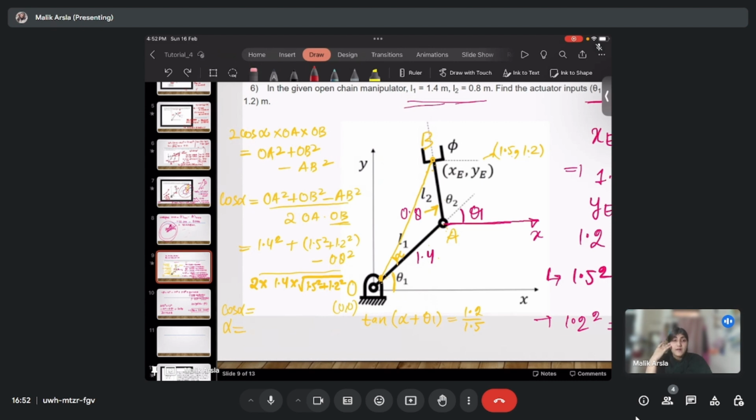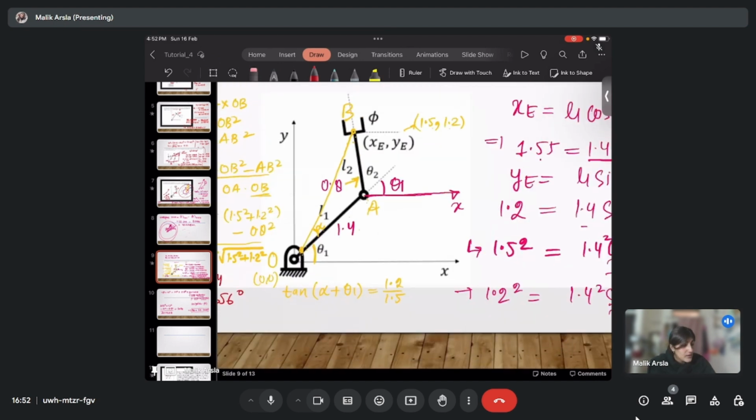What is cos alpha coming out to be? So cos alpha is coming out to be 0.9314 and alpha will be equal to 21.3356 degrees, something like this.